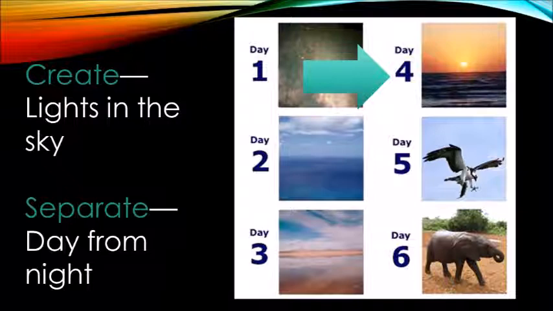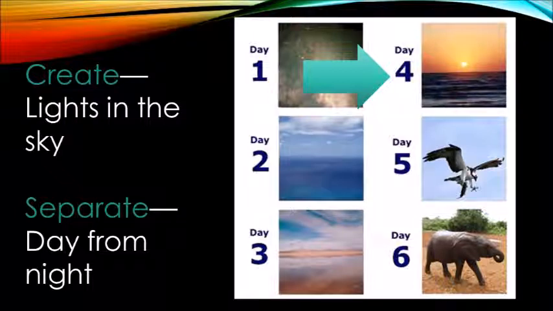Notice how this mirrors day 1, where there's a separation of light and darkness. So in day 4 we see the items in the sky which move around. From their perspective, the moon and the sun and the stars all moved.